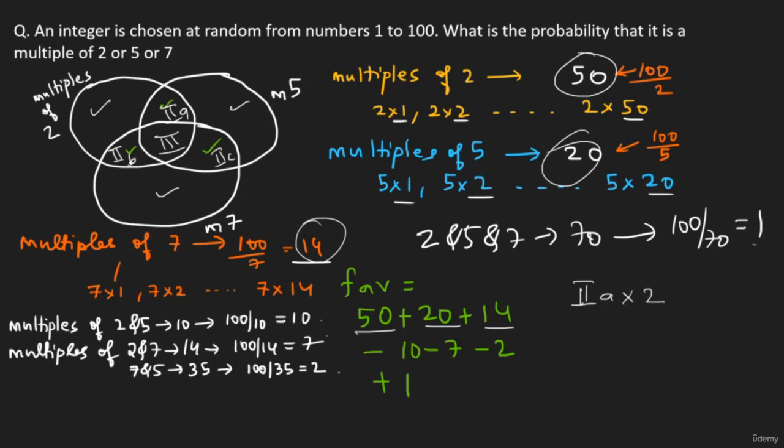Similarly, you will see that 2B is added when you add the multiples of 2, which is 50, and when you add the multiples of 7, which is 14. Therefore 2B, which is this area over here, is also added 2 times. Similarly, you can see that 2C is also added 2 times. Alright, and what about 3? 3 is part of multiples of 2, multiples of 5 and multiples of 7. Therefore 3 gets added 3 times.